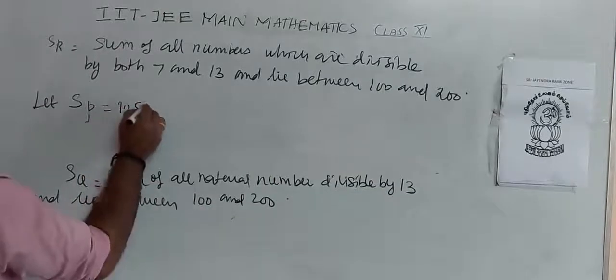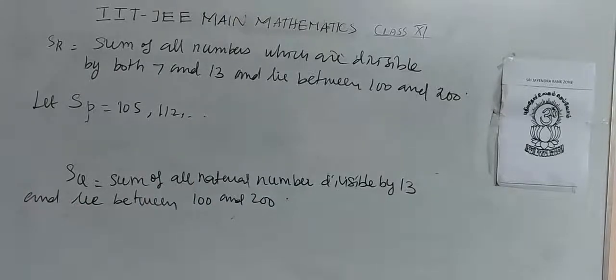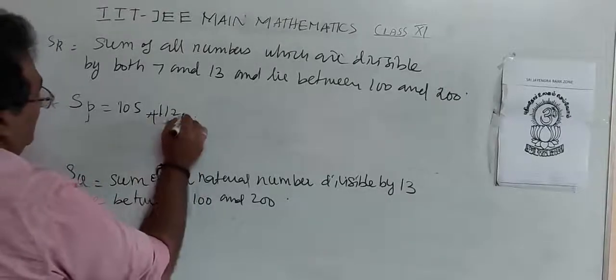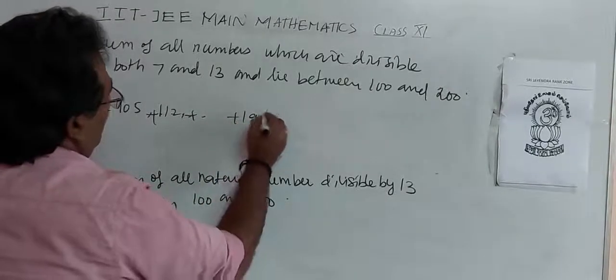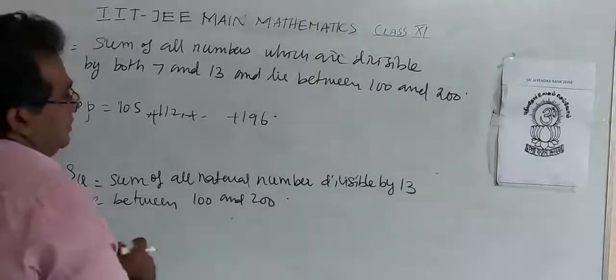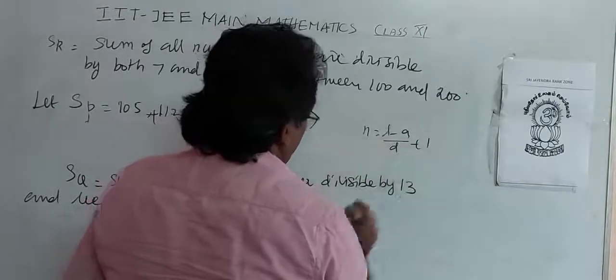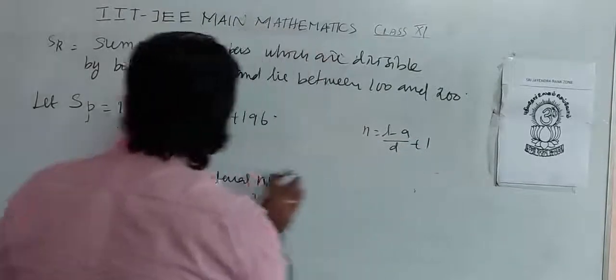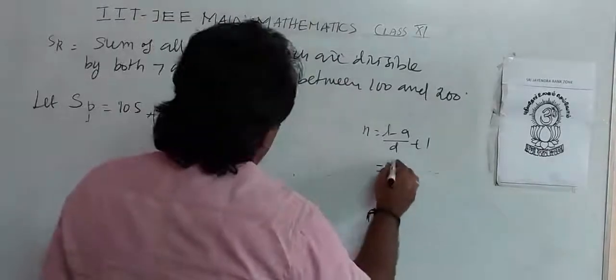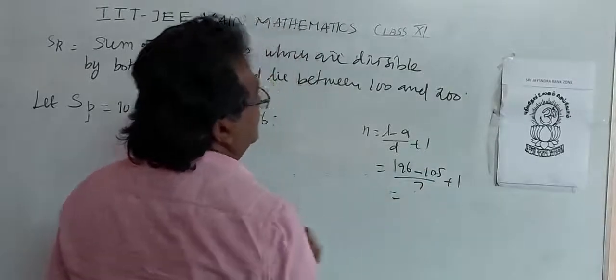Here 105, 112 up to 196. N equal to (L minus A) by D plus 1, L the last term: (196 minus 105) by 7 plus 1.